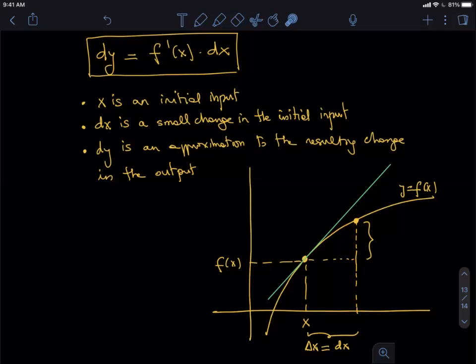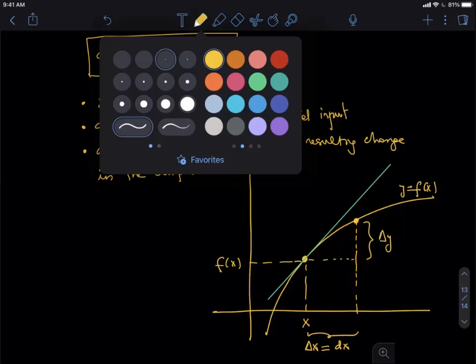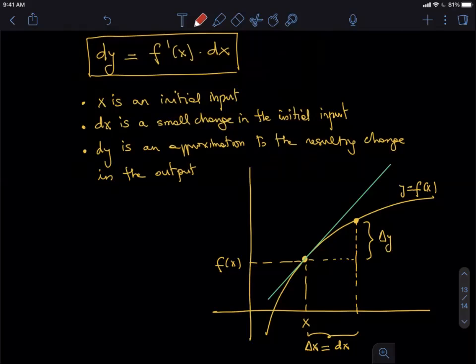Okay, there is a difference in the input that translates into a difference in the output. That difference in the output is the increment of y that is approximated by the differential. But the differential is actually this distance here.